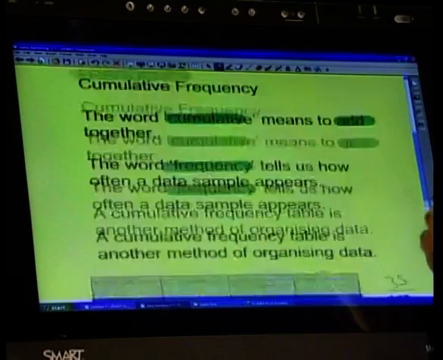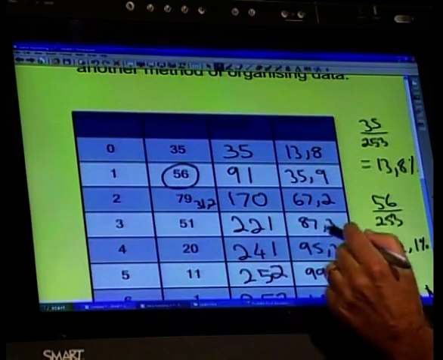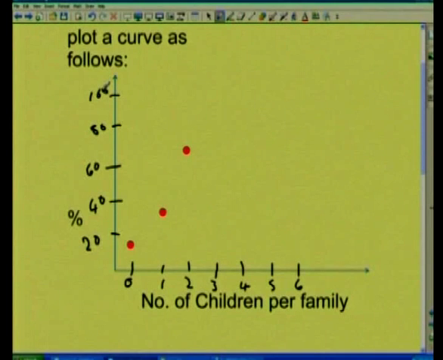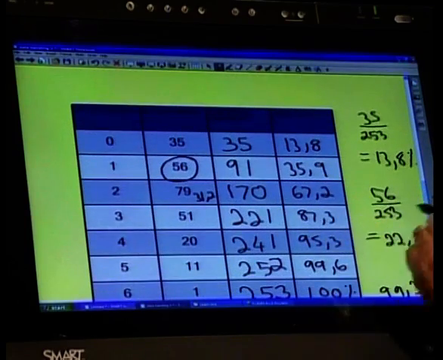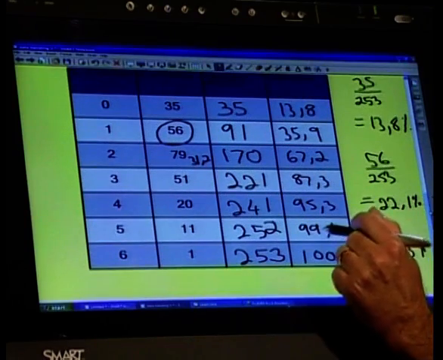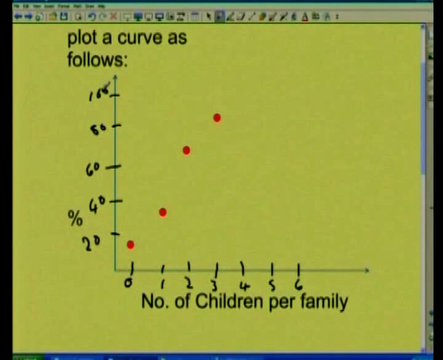For 3 children, we got to 87.3. So that's round about there. For 4 children, we were now at 95.3, and then we went to 99, so we're going to do both of those. 4 children, 95, 5 children, 99, and lastly, 6 children, 100%.